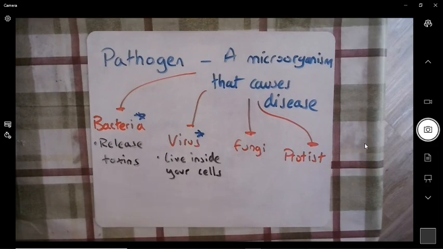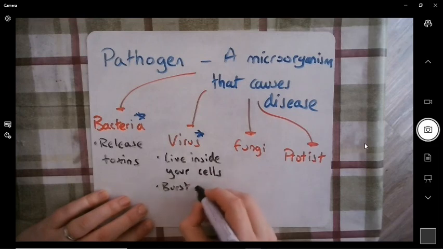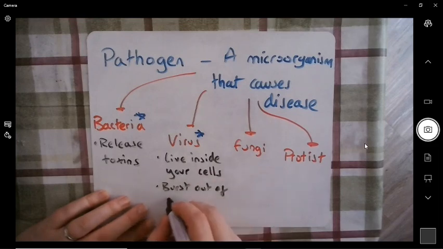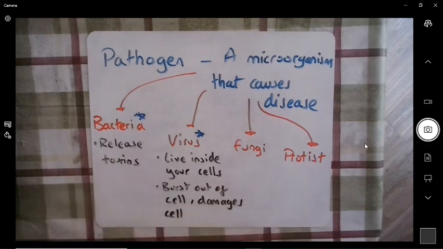And they reproduce again and again until that cell is so full of viruses that the virus literally bursts out, which of course damages the cell in the process, and then they go and infect and enter neighbouring adjacent cells.